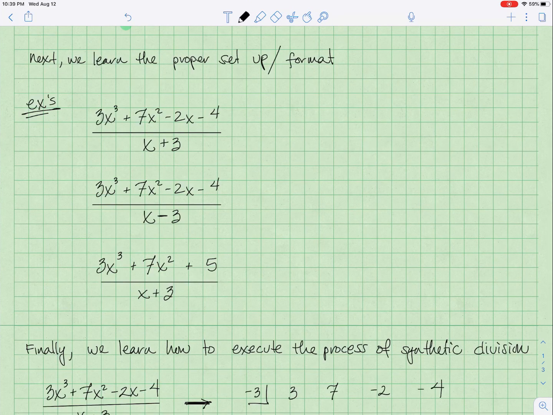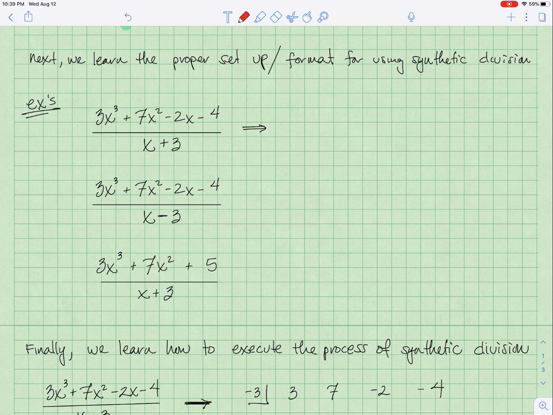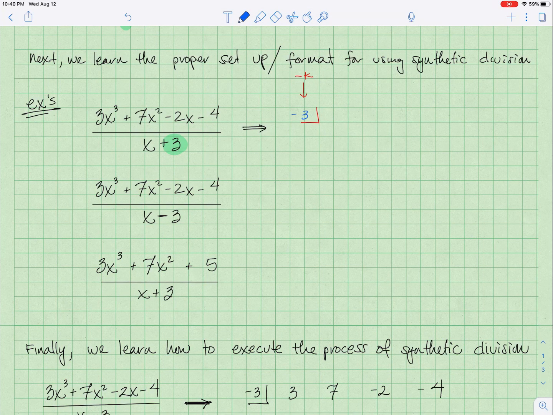Okay, next we're going to learn the proper setup or format for using synthetic division. Now this is a little bit different from long division. The first thing that we're going to do is use columns and placeholders. So we have this little backwards crook here, and in there goes the opposite of our k value. So if k is 3, we put negative k, a negative 3, there.